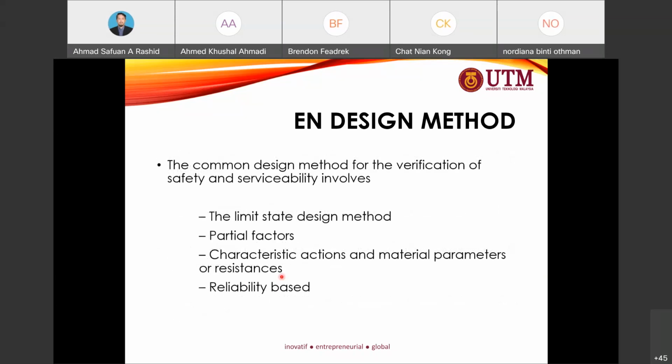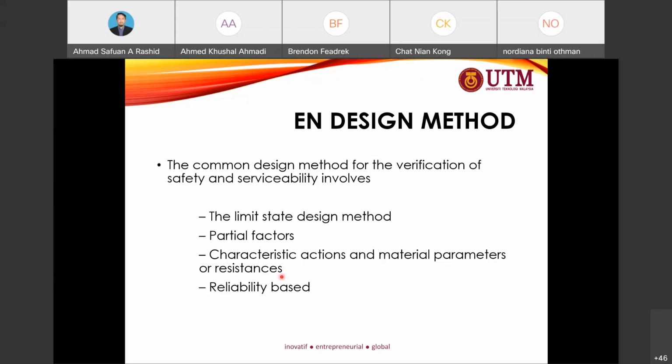The common design method for the verification of safety and serviceability involves the limit state design method, partial factors, characteristic actions and material parameters or resistance, and reliability base. Under the limit state design, we already know that we have the ultimate limit state and also the serviceability limit state.